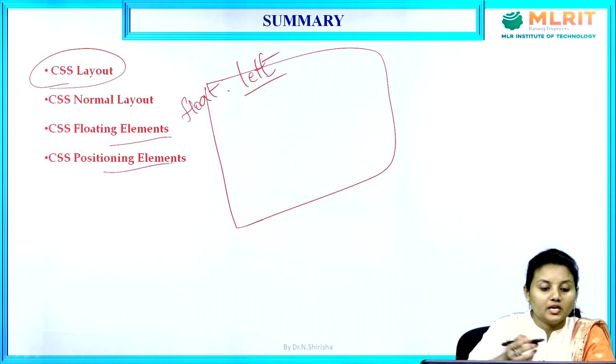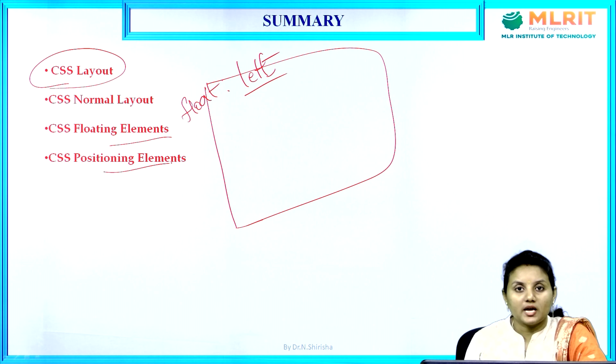Then positioning elements, where you can give static, relative, absolute, sticky, and default values. Inherit can also be done, which will inherit the parent element's properties to its child elements.